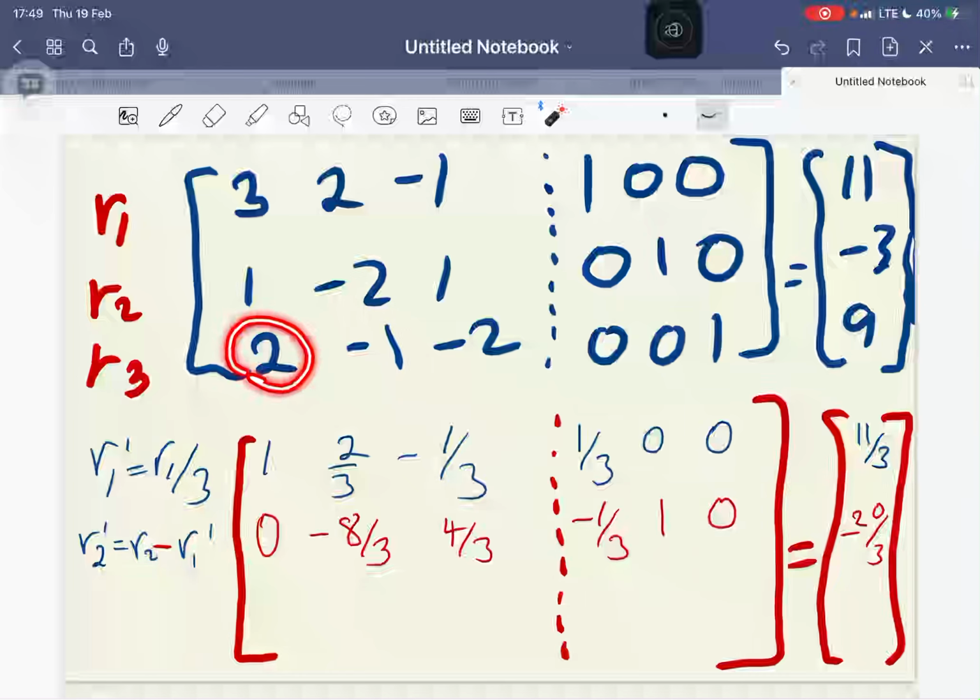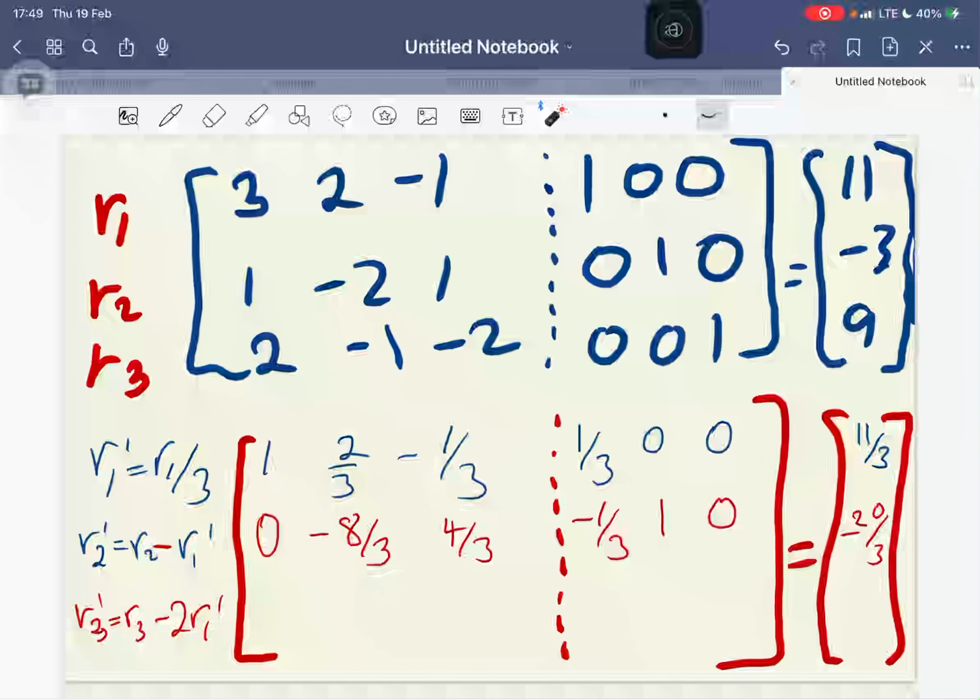So our row 3 prime is going to be row 3 minus 2 times row 1 prime. This is to make this 1 into 2. That's why we multiply it by 2, right? And we subtract, because here is positive 2. If we say 2 minus 2, we are going to get 0.